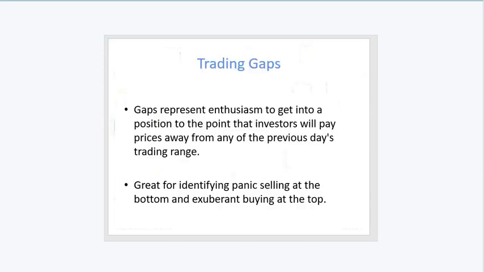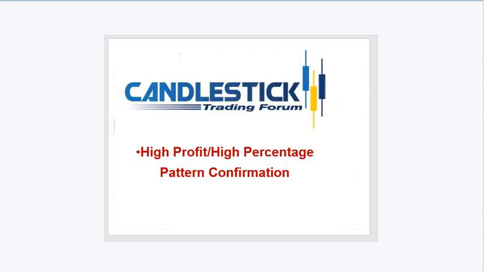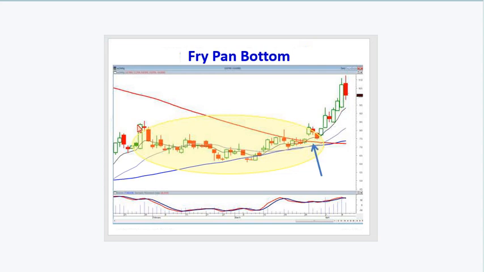So the gap is essentially telling you that there's great enthusiasm coming into that trade. And when we can see that after a candlestick signal, it just puts us in a situation where it's not only putting us in a signal confirmation, but a pattern confirmation.